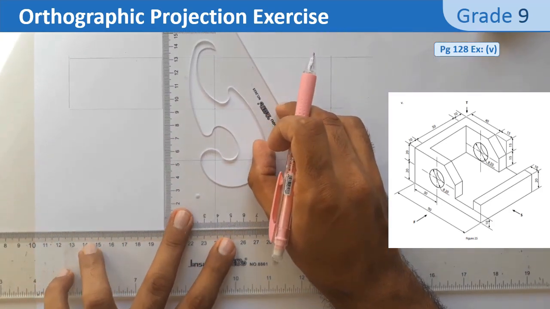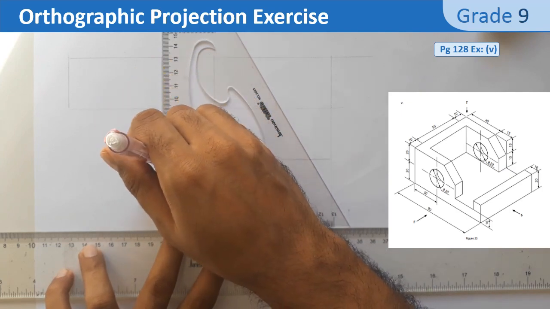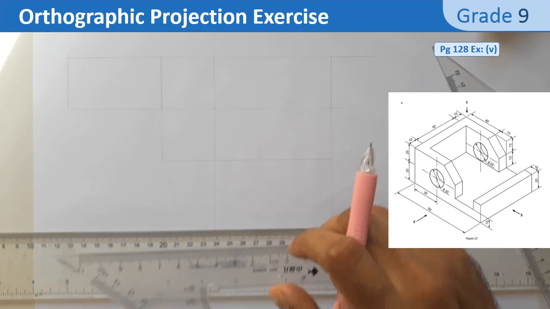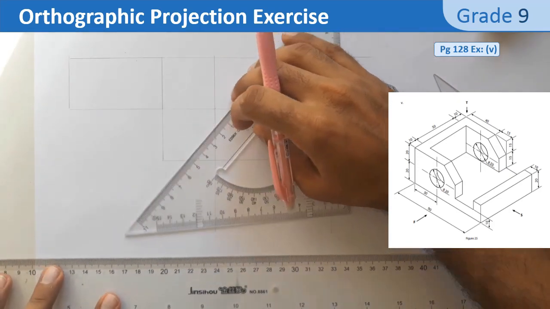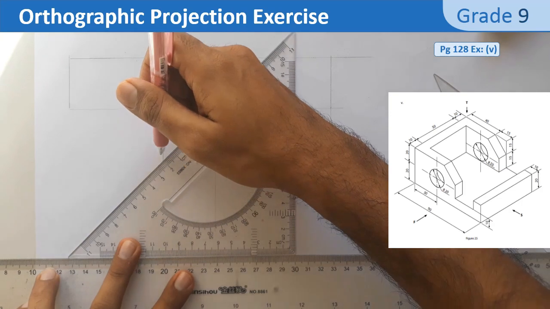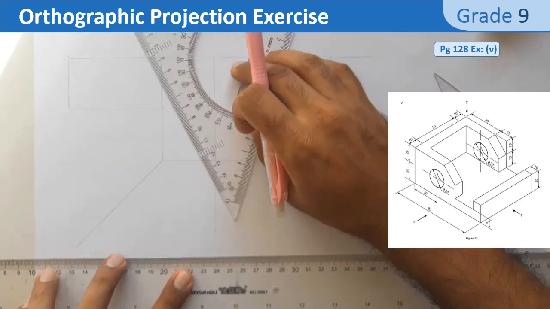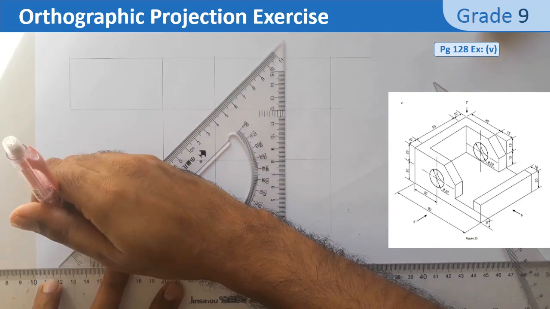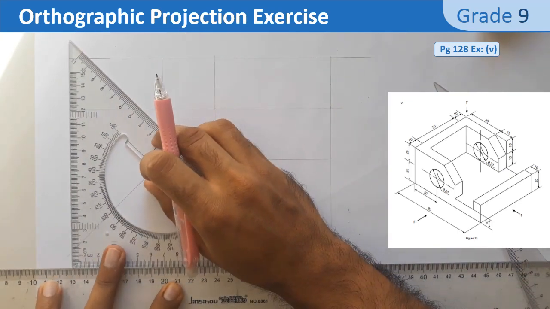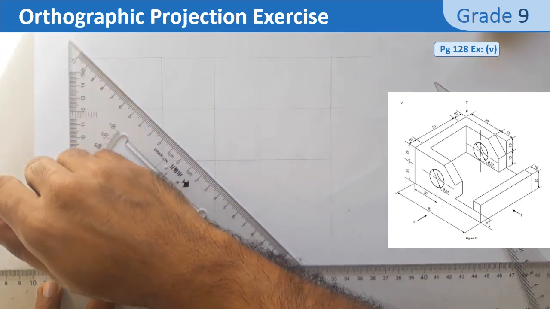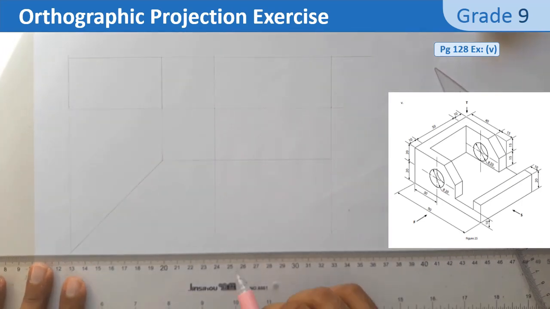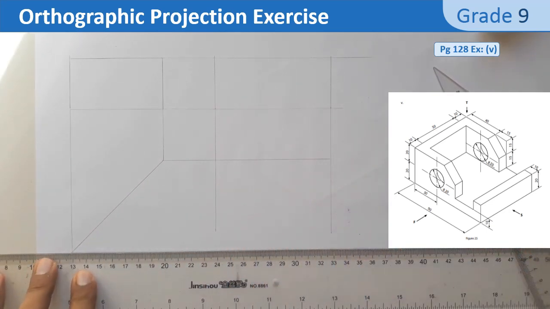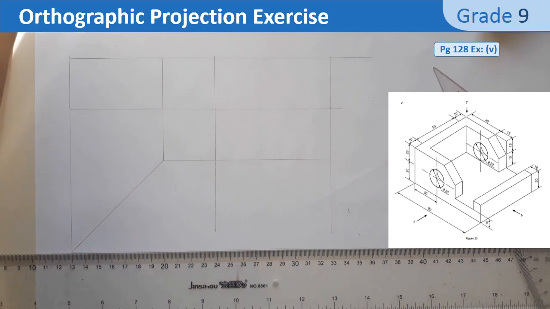I have elongated the projection lines downwards. Why? Because I already know that the top view will be placed at the bottom of the front view. So this is the mitre line. I use my set square of 45 degrees, as the mitre line is inclined at a 45-degree angle.